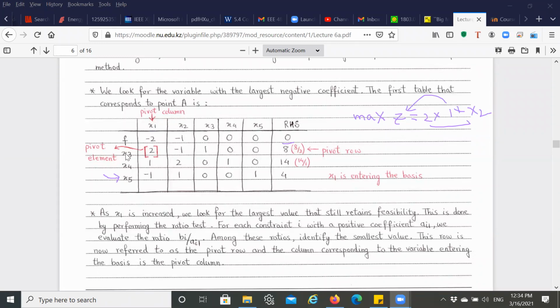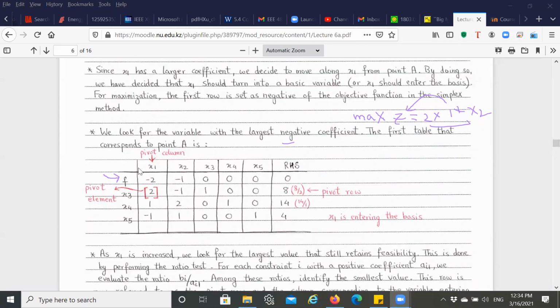These are the non-basic variables, and the slack variables that we introduced. Now when we put in everything, this is what you do.